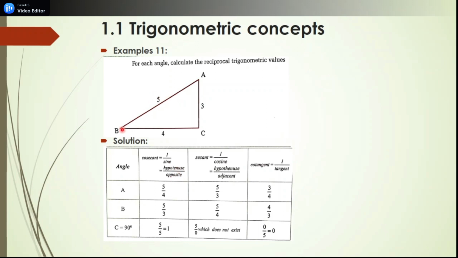Taking the case of A, the hypotenuse is equal to 5, then the opposite side is equal to 4.